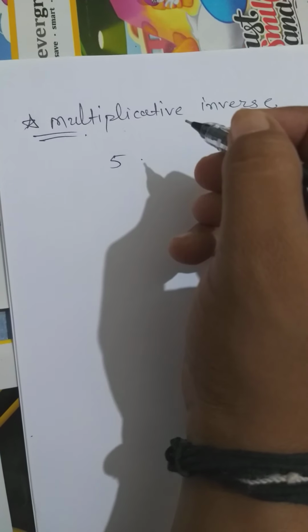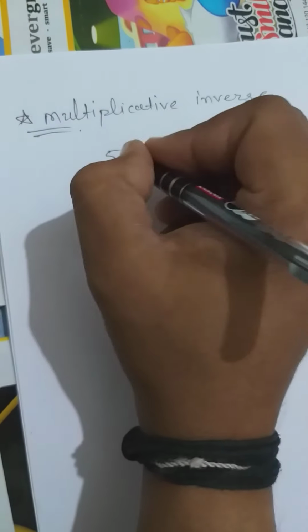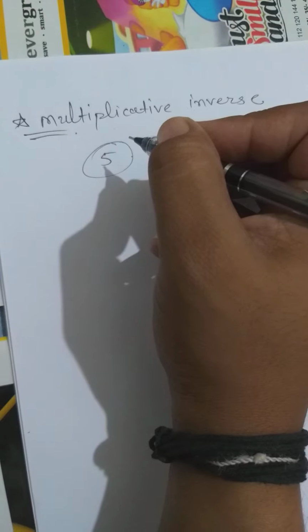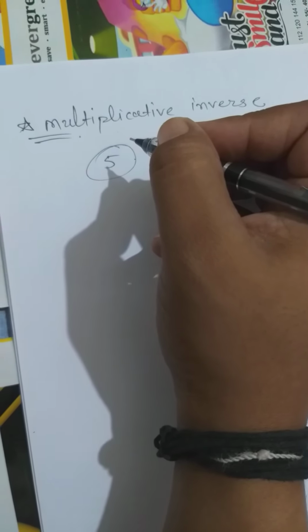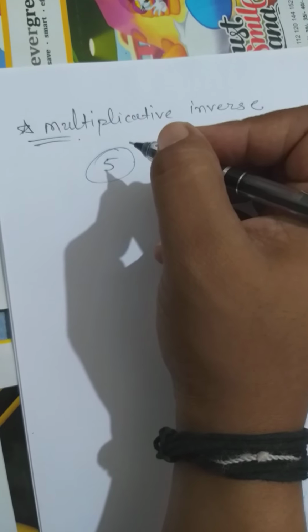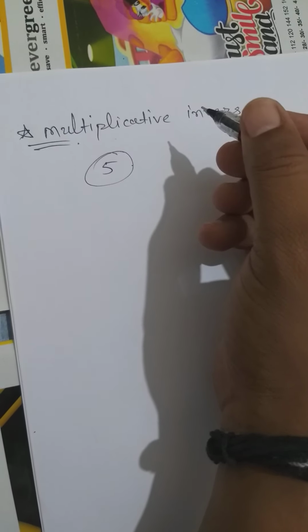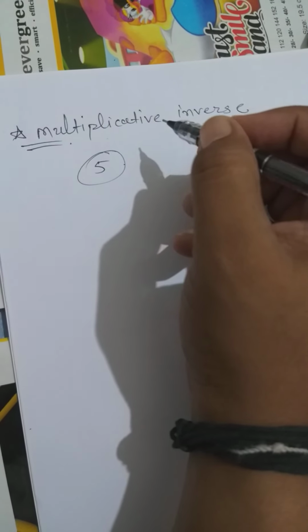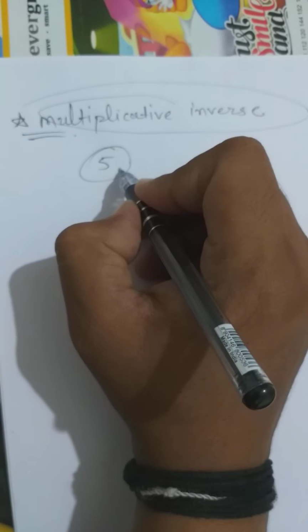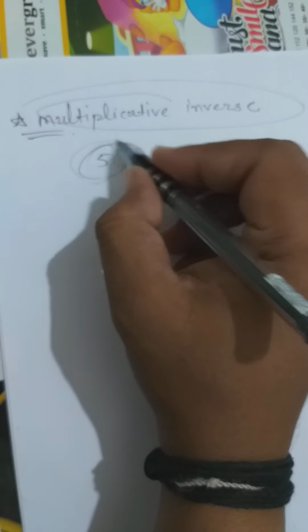Then what will be the multiplicative inverse of 5? Remember that 1 is the unique number for multiplication. Why? Because if I multiply two reciprocals, then the answer will be 1, and the multiplicative inverse of any number will be the reciprocal of that given number.